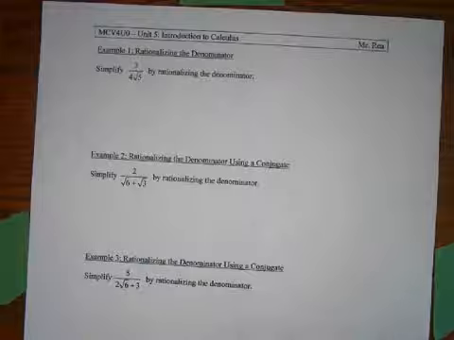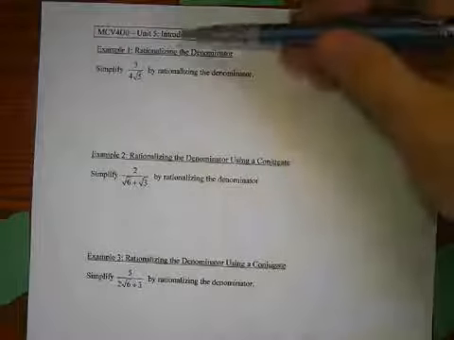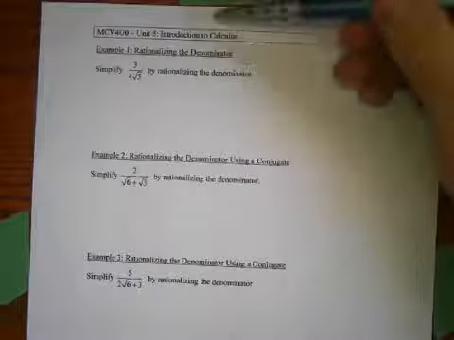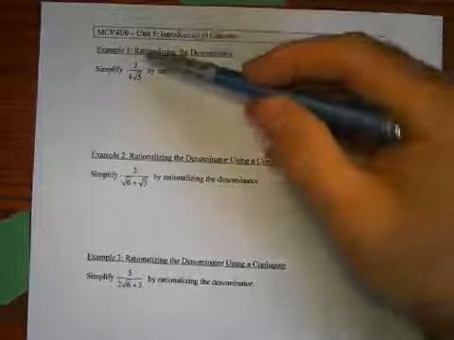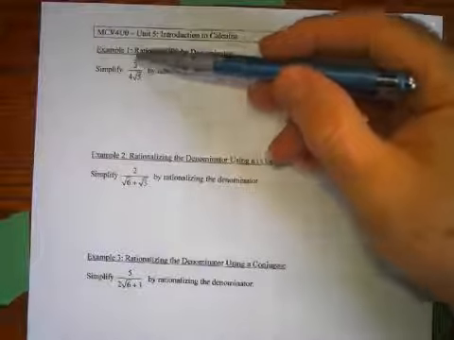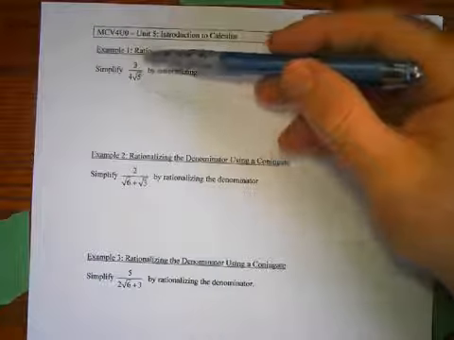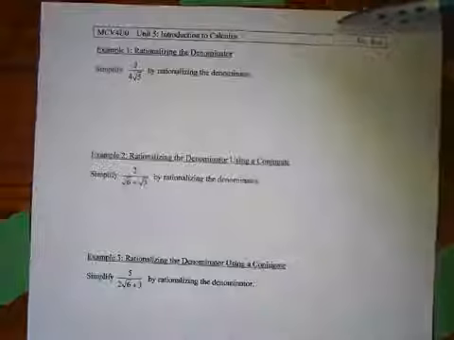So I'm just taking the second page of the first lesson, and if you remember this phrase, rationalize the denominator, what that means usually is we have some kind of rational expression that has a radical or a root on the bottom, and mathematicians really don't like that.